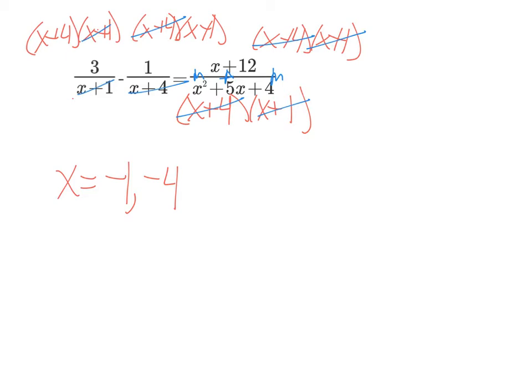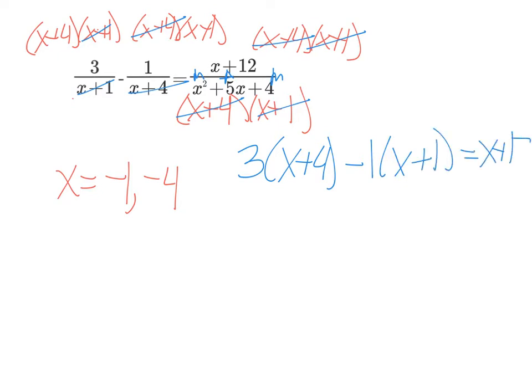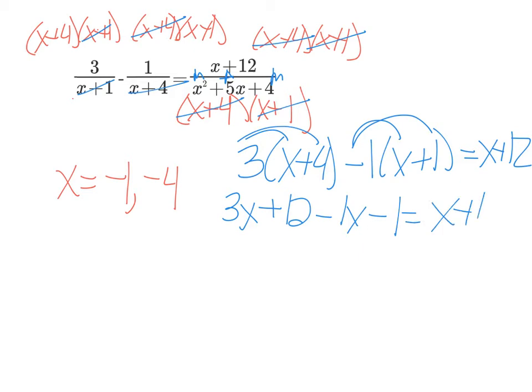So what that leaves me with is 3 times the x plus 4, minus 1 times the x plus 1, equals x plus 12. That is very simple to solve. We're just going to distribute. 3 times x gives me 3x, 3 times 4 gives me 12. -1 times x is -1x, -1 times 1 is -1, and we still have x plus 12.